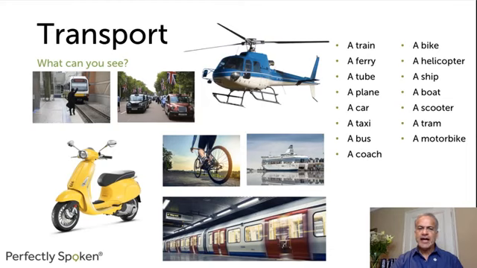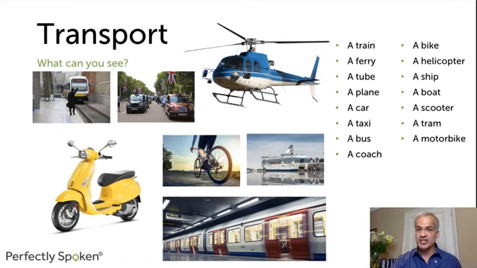Okay, the question, what can you see? What different types of transport can you see? Have a look at the photos and which of the names appear on the right. Let's just listen and practice the pronunciation of the vocabulary.